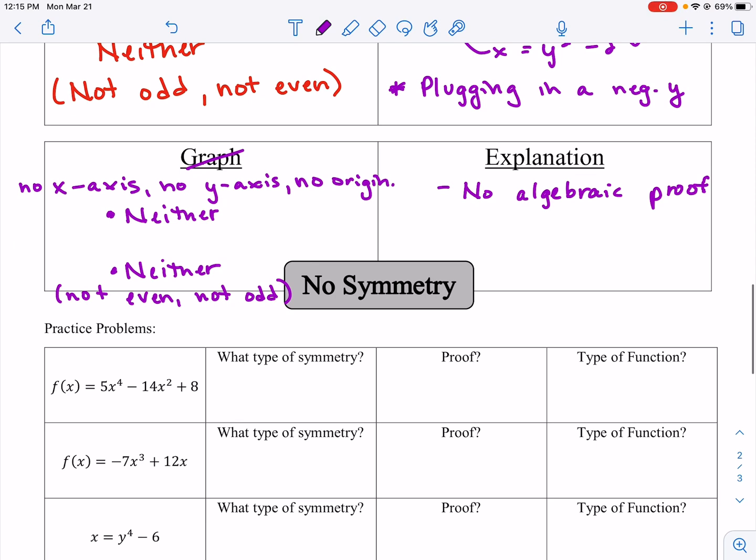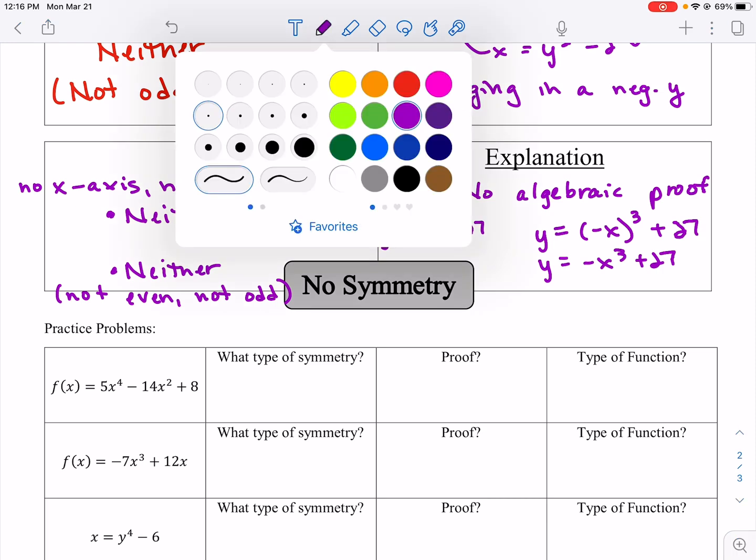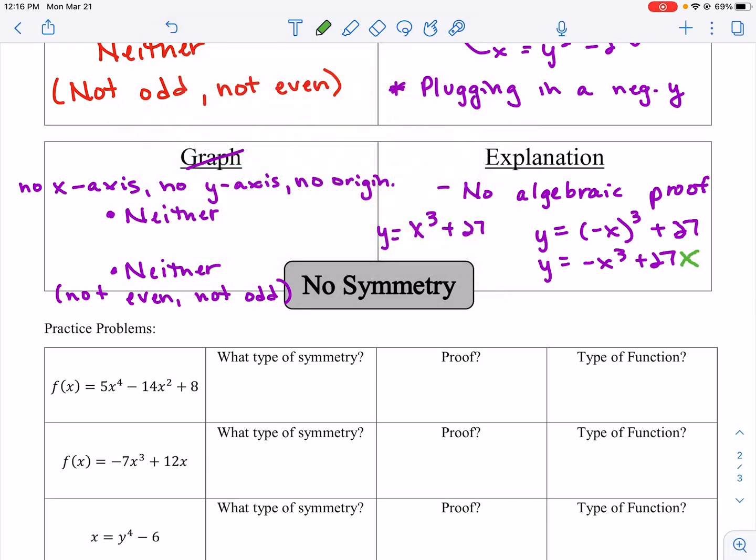And if our function was y equals x cubed plus 27, and I were to plug in a negative x, I'm not going to get the same thing back. I'm going to get y equals negative x cubed plus 27, which is not the same, right? That doesn't work. So this breaks it.